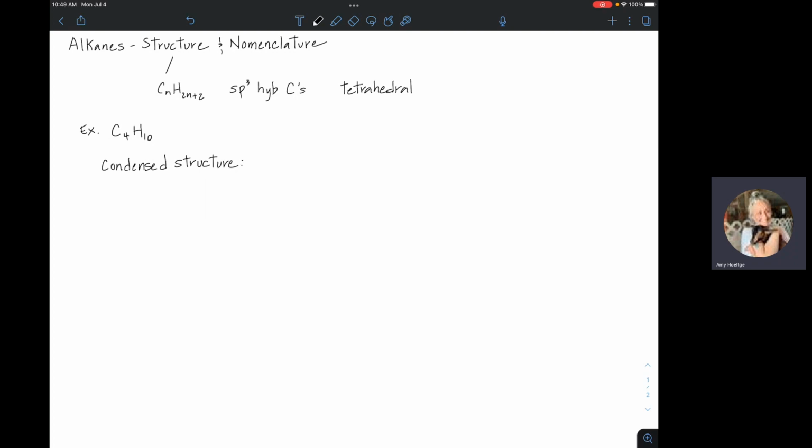And that's simply going to be where we line up all of the carbons, and we're going to put those little hydrogens, however many there are, on each carbon in the condensed structure listed right after the carbon.